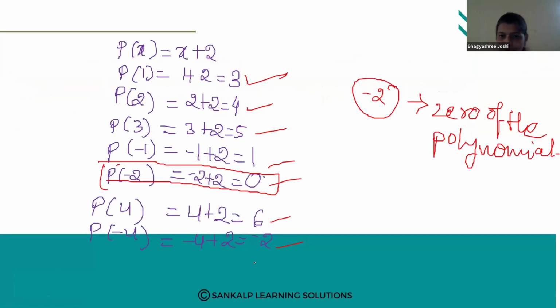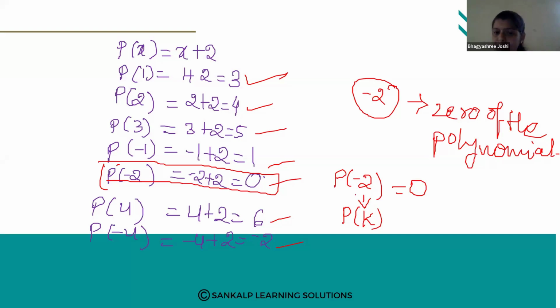In this example, P of minus 2 is equal to 0. So I will call this minus 2 k. We have taken minus 2 as k. In the last example also, we did the same. x is equal to k. We have taken x is equal to k, right?